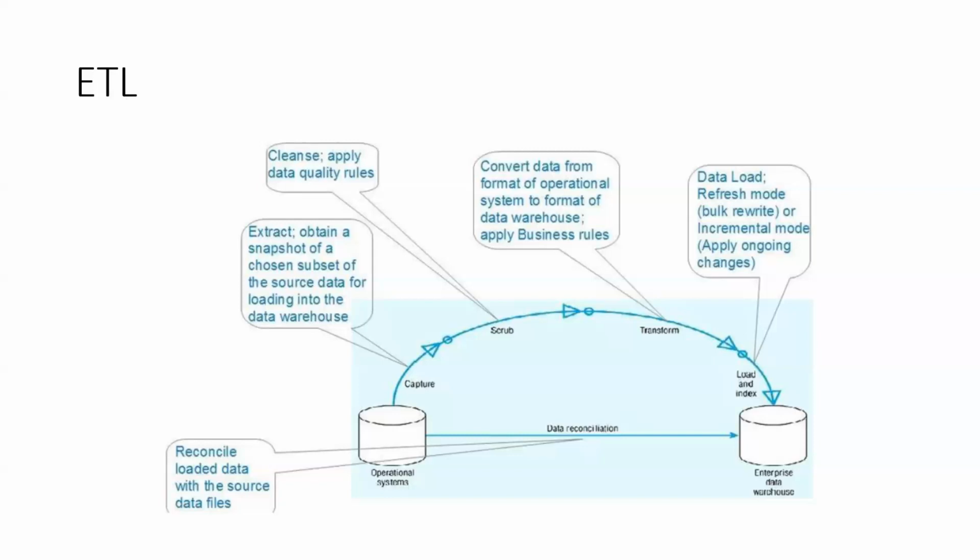They load into the data warehouse, then whatever transformation is required they do in the target database as well. This is called the ELT system. In some projects you might see the ELT process, but as of now ETL is the main focus, and generally most projects follow ETL only.